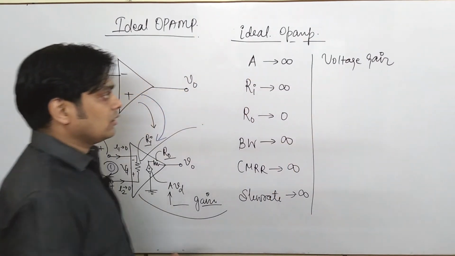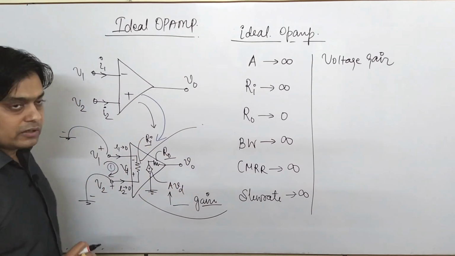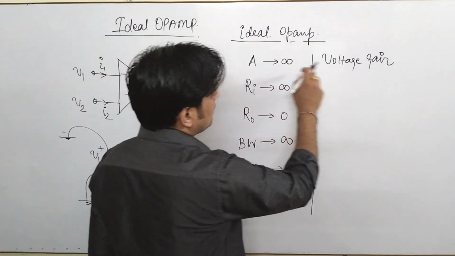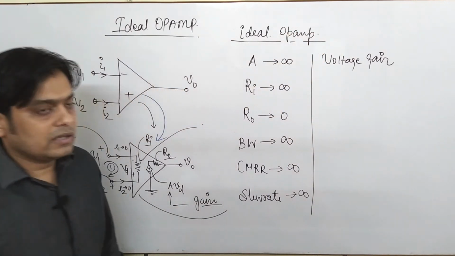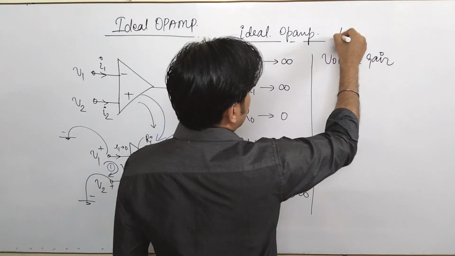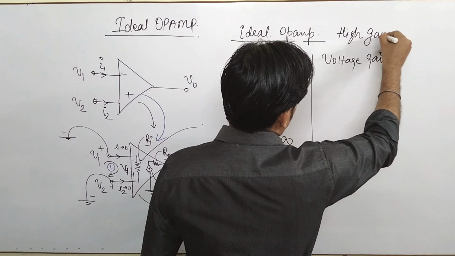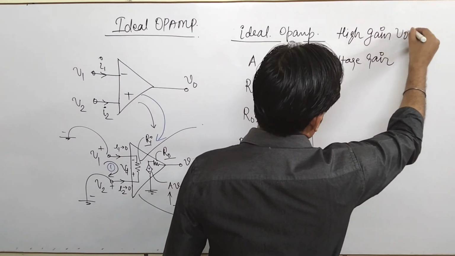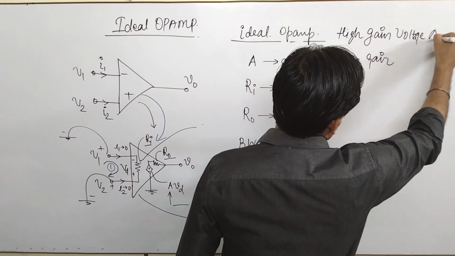Why am I calling it voltage gain? It is because it is the ratio of output to the difference of input voltage. So this is your voltage gain, and that's why these operational amplifiers are also known as high gain voltage amplifiers.